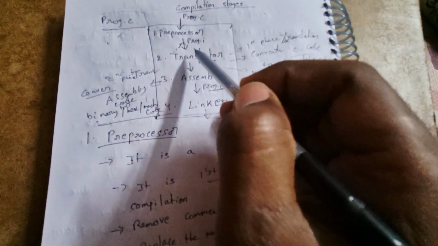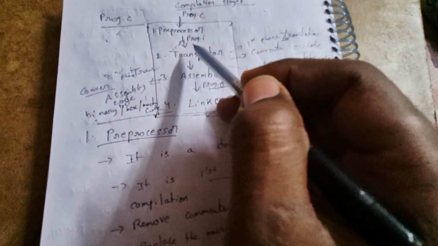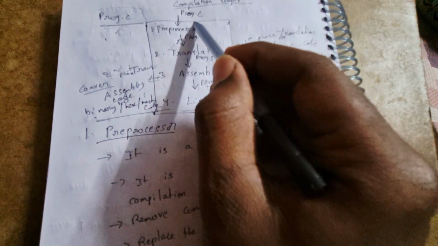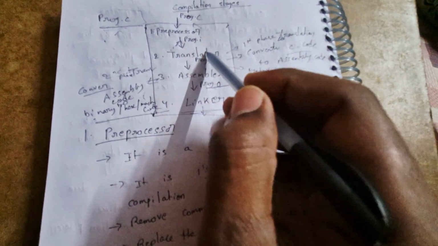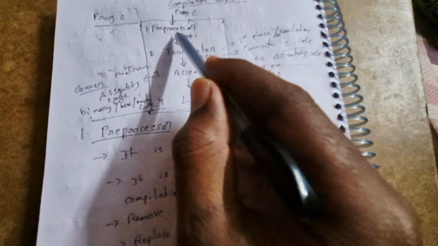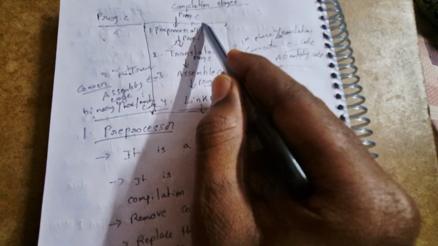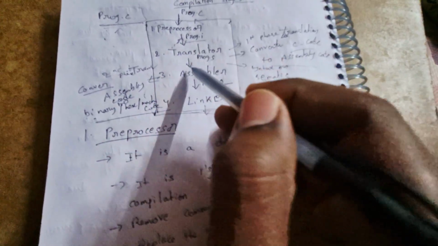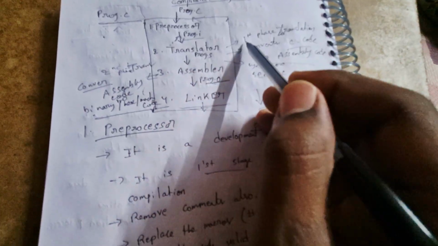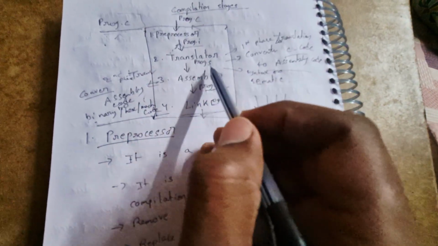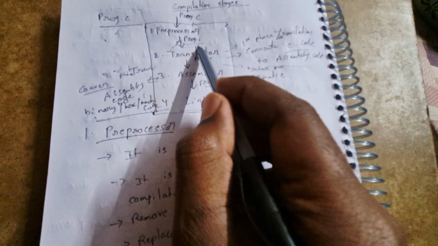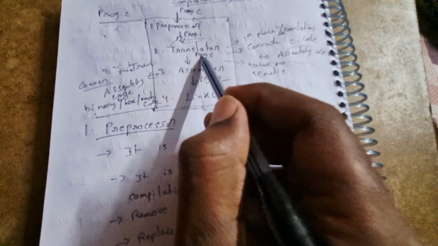The preprocessor converts program.c to program.i. The translation stage is the first phase of translation, and it converts C code to assembly code. In this stage, program.i is converted to program.s.